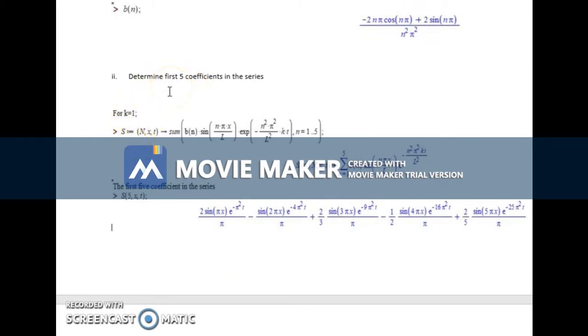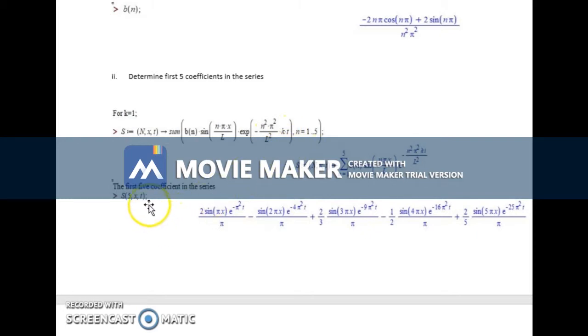In order to find the first 5 coefficients in the series, we need to know the summation for the series, which is Bn sin(n pi x over L) times exponent negative n squared pi squared over L squared, multiplied by k and t.